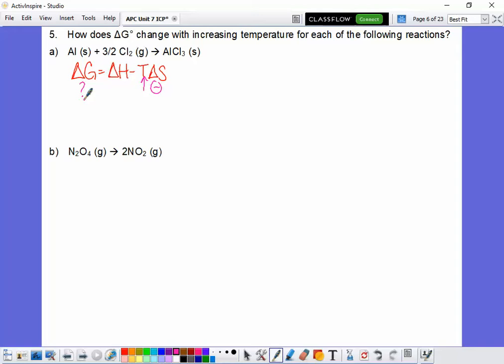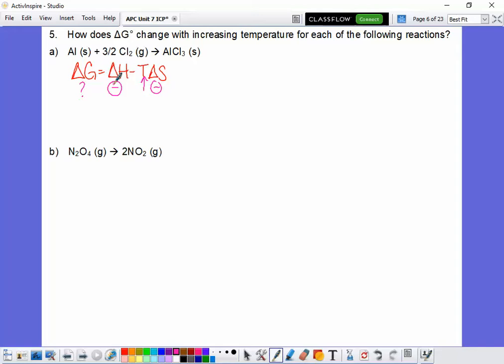If this reaction's exothermic, what sign does it have? Negative. And if you don't believe me that it's exothermic, that's where you could do the math to prove it, but it's exothermic. So we have the same sign for delta H and delta S.